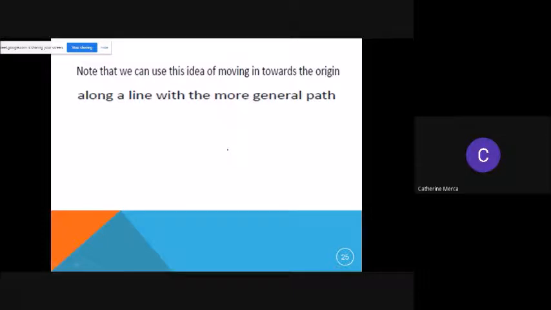Let's go with the more general path, which is this line: y equals mx. Most of the time, instead of the path along the x-axis, the y-axis, or along y equals x, we can make use of the general path, which is y equals mx.